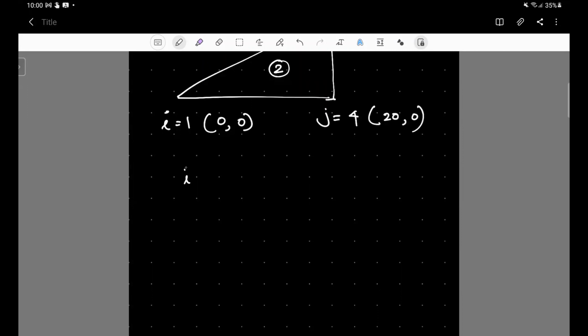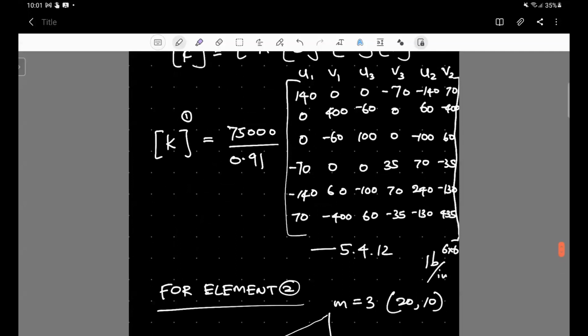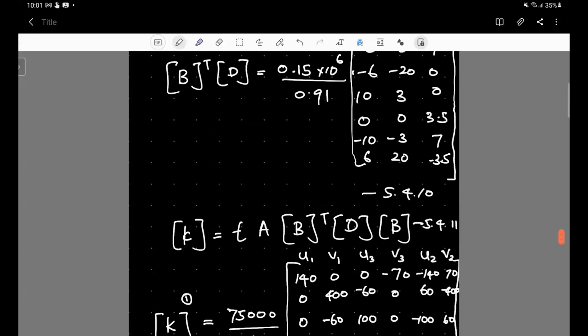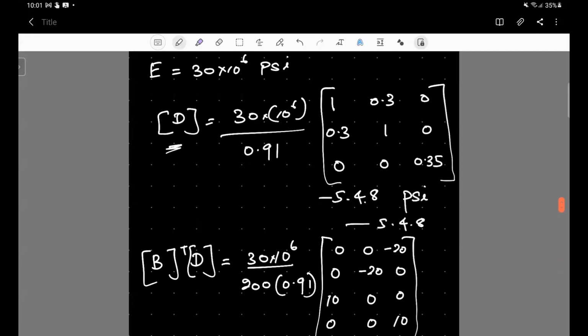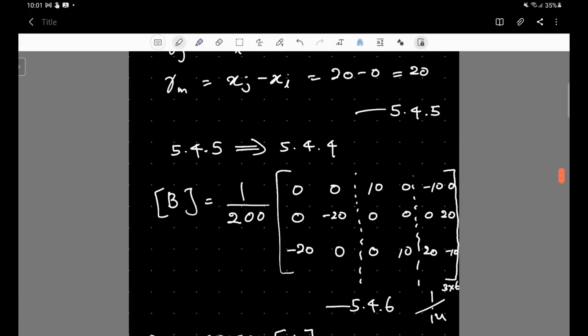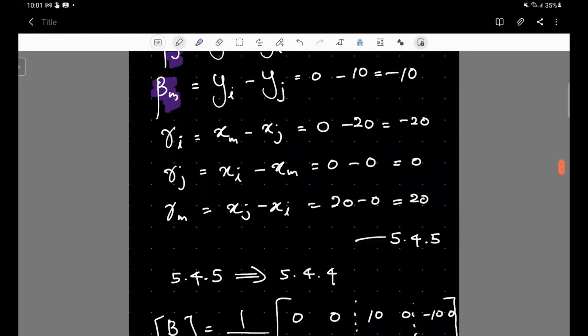So I, J, and M. What was the definition? For the Y terms we go clockwise, and for X anti-clockwise.